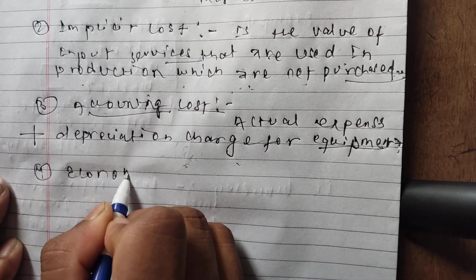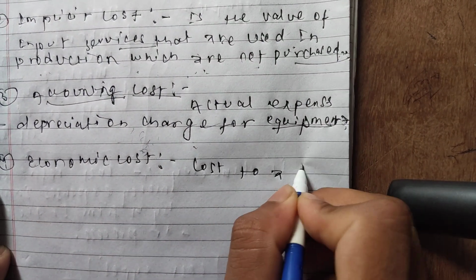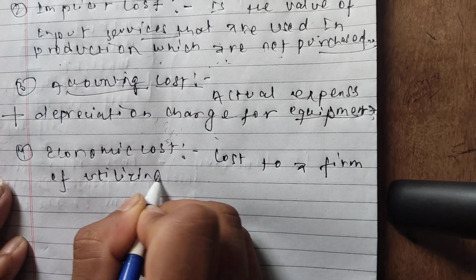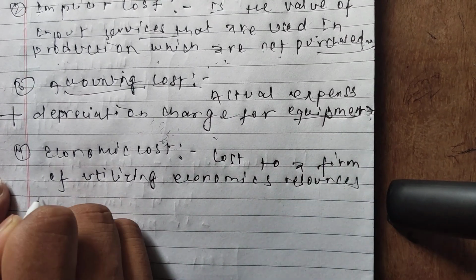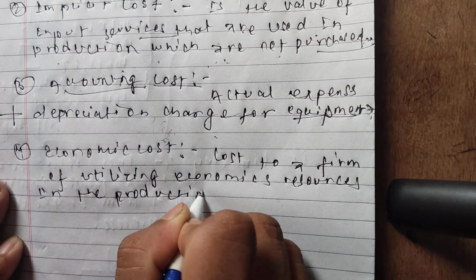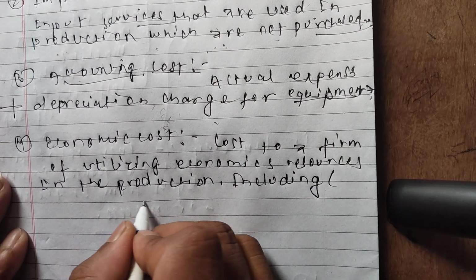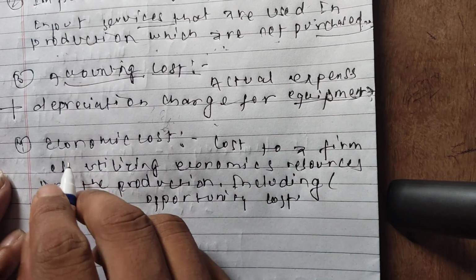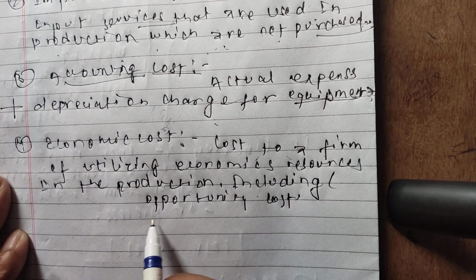Next type is economic cost. Economic cost is a form of utilizing economic resources in the production, including opportunity cost.